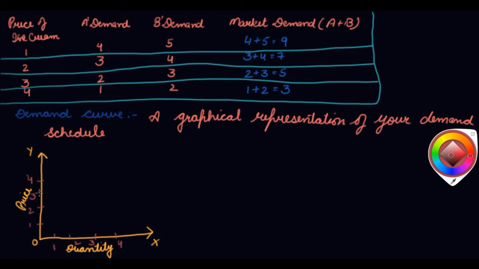I might not make the graphs very perfectly just because I don't have graph paper, but yes, make sure you have a pencil and a scale and make the graphs accurately. It's very difficult to make a straight line here, so please do bear with me.